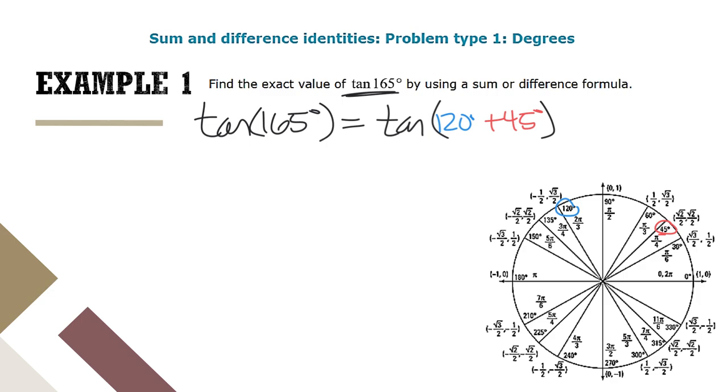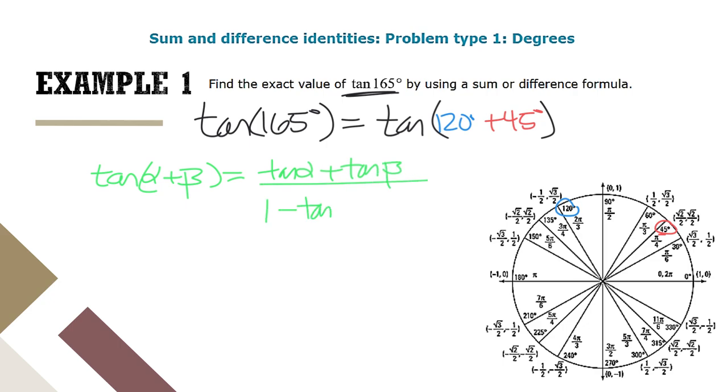So now, since we're using tangent and we're doing addition here, let's write down this property. The tangent of alpha plus beta is in fact equal to the tangent of alpha plus the tangent of beta, all divided by 1 minus the tangent of alpha times the tangent of beta.